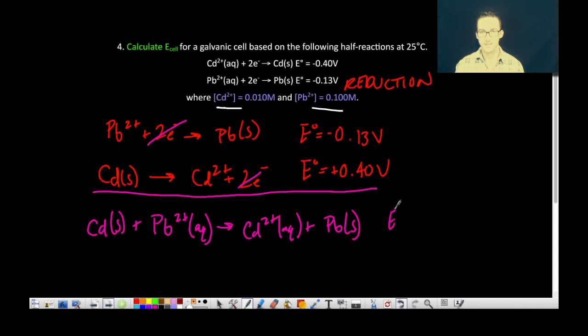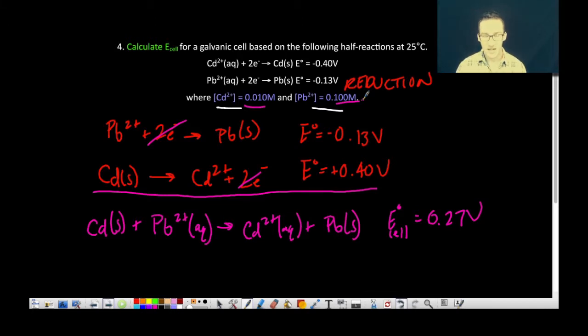Our standard cell potential would be 0.27 volts. That's great, but we're not looking for the standard cell potential. We are looking for the cell potential when we've got these non-standard concentrations. Again, standard concentrations are 1 molar. So why did we do all of that?